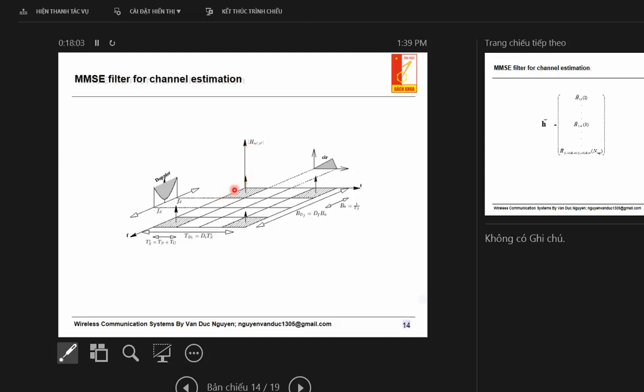Actually, in the OFDM system, here is the dimension of the subcarrier, and here is the dimension of the OFDM signal.